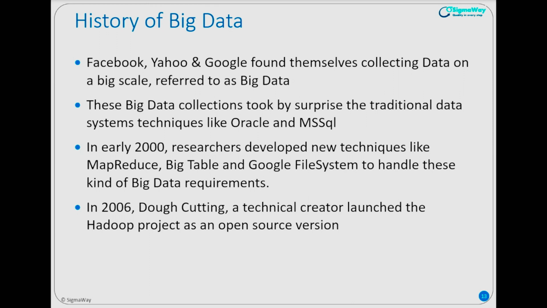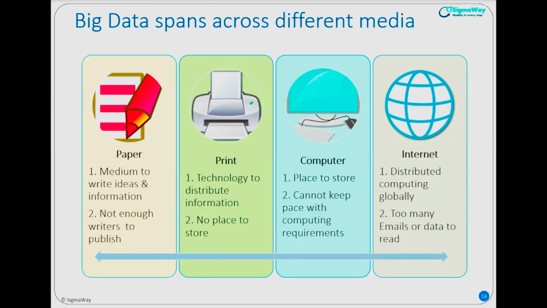In 2006, Doug Cutting, a technical creator, launched the Hadoop project as an open source version of big data handling software. Nowadays, big data has begun to span across multiple mediums. From paper, print, computer to internet, there are lots of places one can find big data.